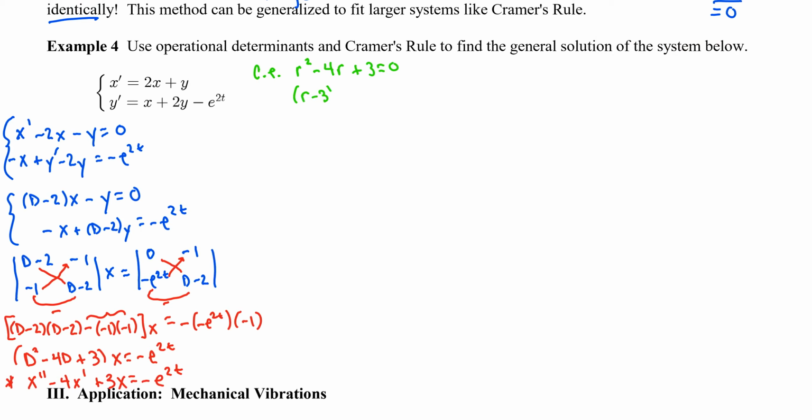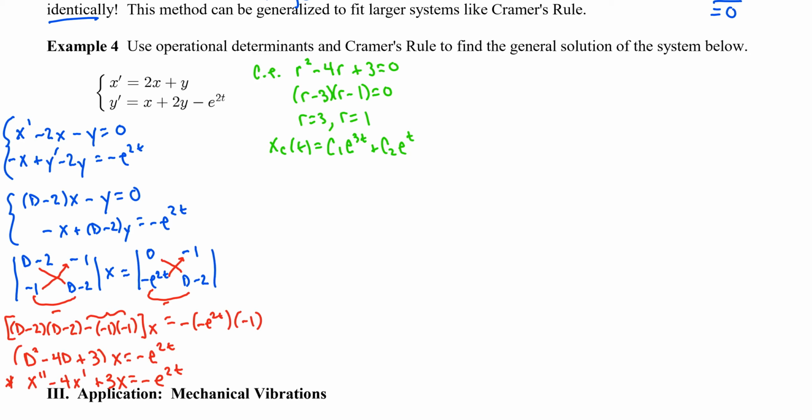So again, this factorization would be the same as if I factored my operational determinant, and I get r equals 3 and r equals 1. So the characteristic function is c sub 1 e^(3t) plus c sub 2 e^t.